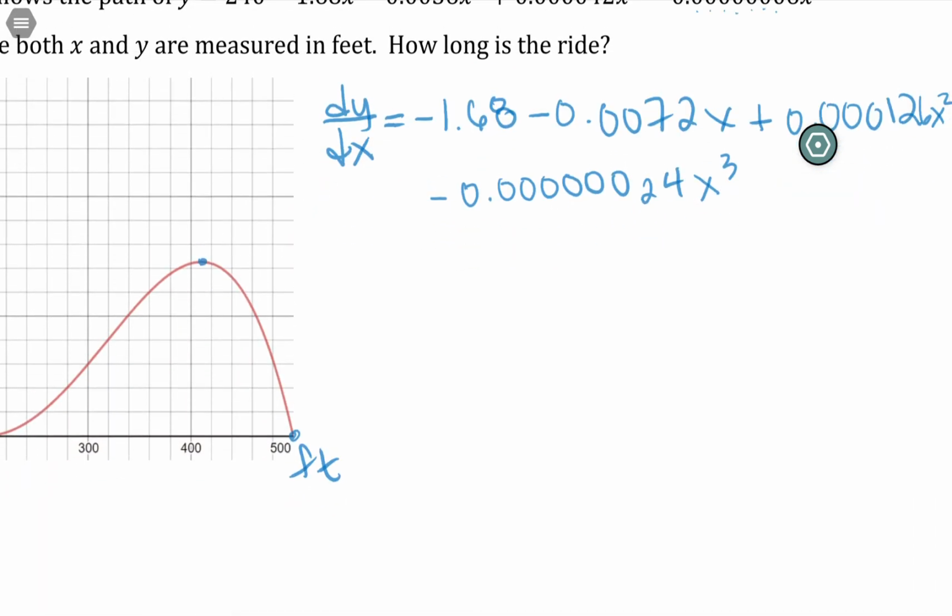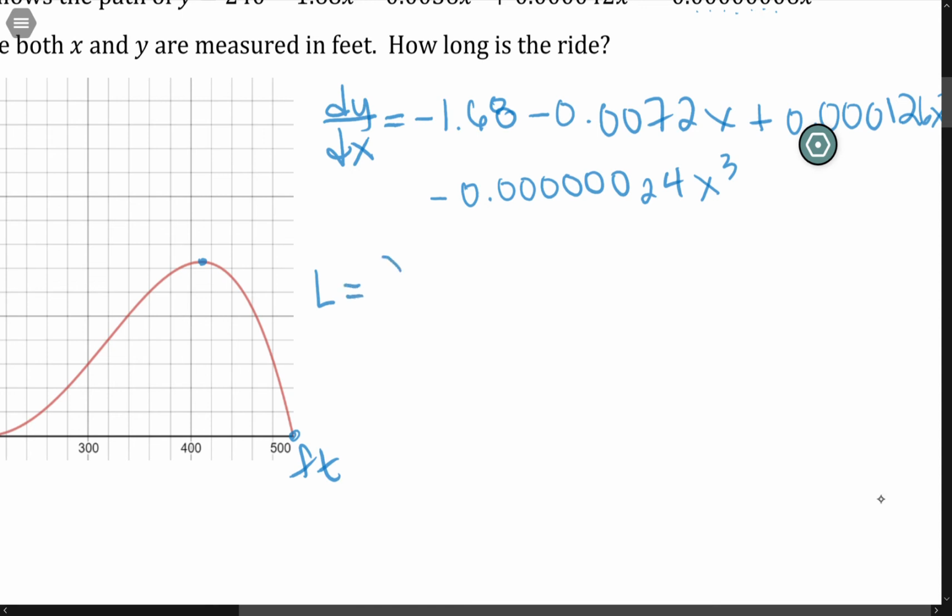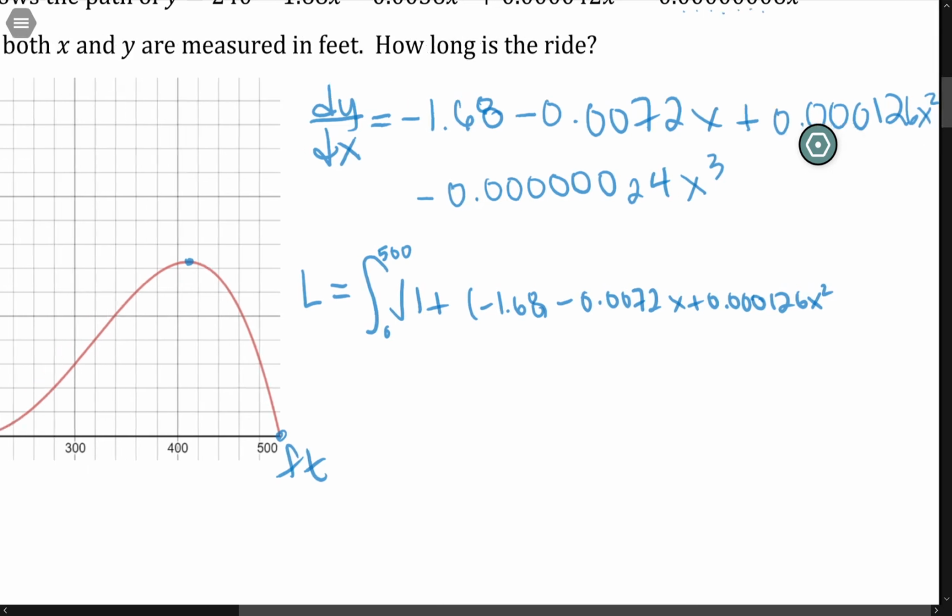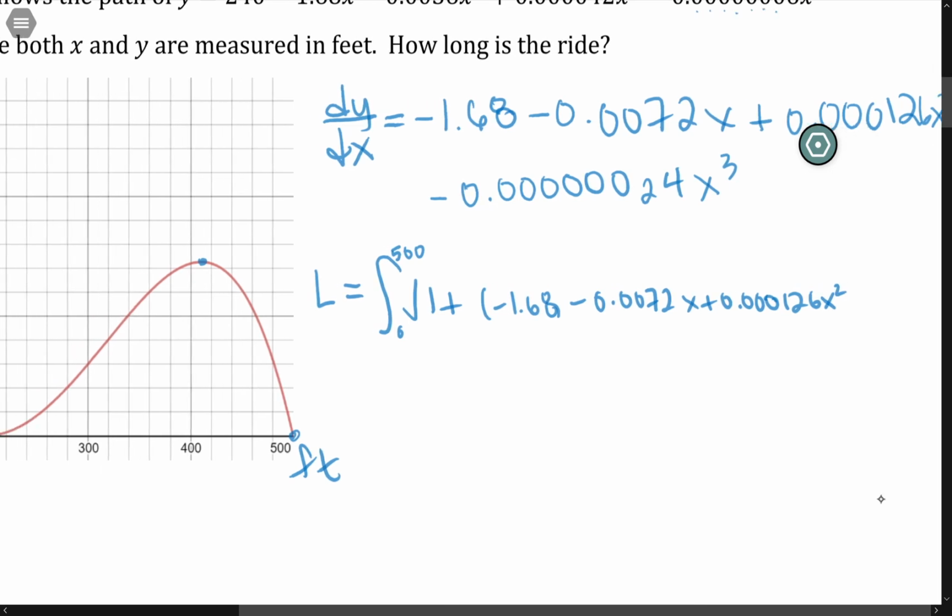So if we actually want to calculate the arc length, we're going to take the integral from 0 to 500 of the square root of 1 plus this whole mess, 126 x squared, minus 0.000024 x cubed.